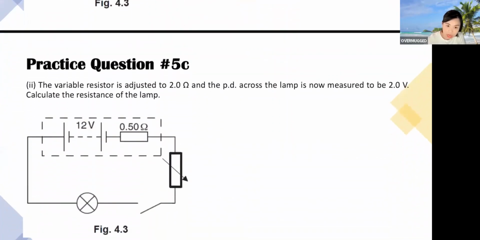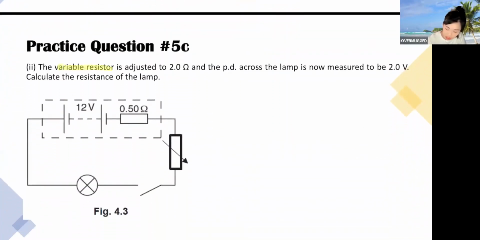Okay, then they say the variable resistor is now adjusted to 2.0 ohm. Potential difference is 2.0 volt. Calculate the resistance of the lamp. So for this concept, we can actually use the potential divider principle, because now we are varying our resistance to vary our potential difference. So the resistance is what I want to find. It's the resistance of the lamp plus the variable resistor plus the internal resistor.